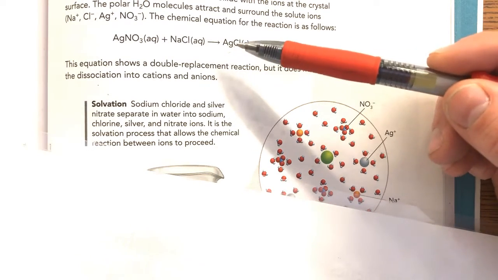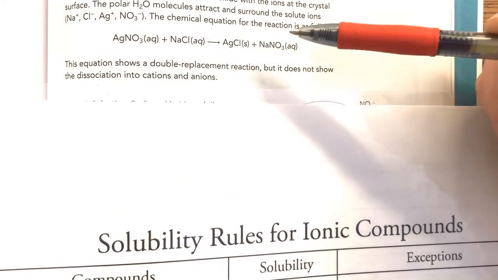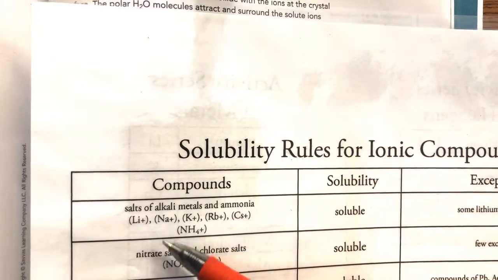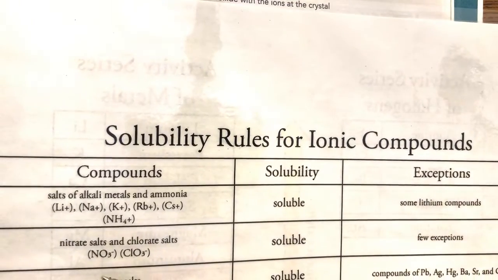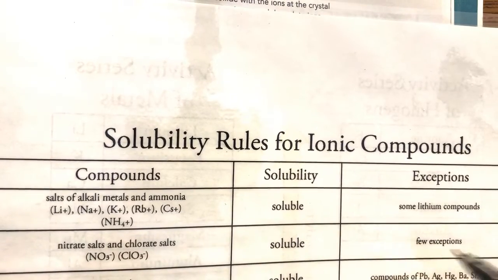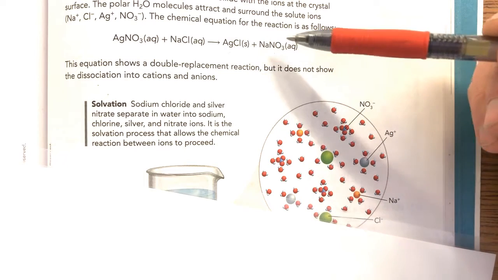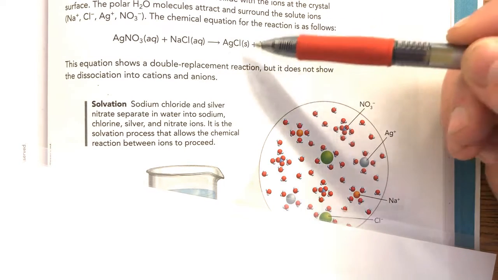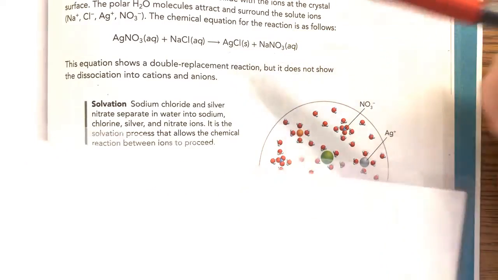It's going to be insoluble. It's going to fall out of solution. That assumes that sodium and nitrate are both going to be aqueous. Sodium is soluble with very few exceptions, and nitrate is soluble with very few exceptions. So basically we know that this is going to be in solution still. It's not going to combine to form a solid, but this will, because it's insoluble.